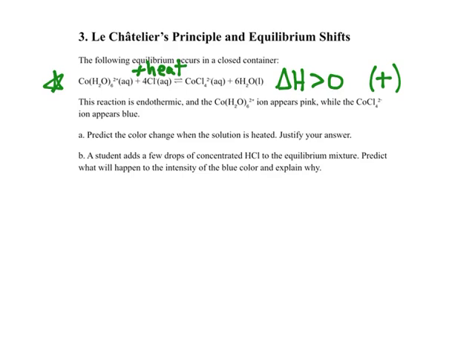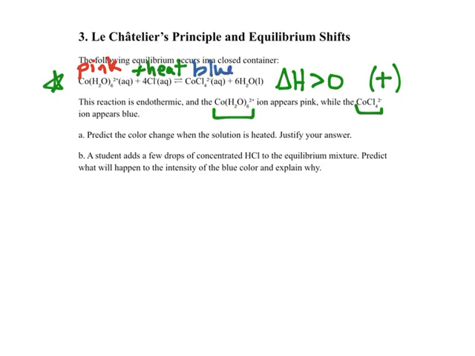Heat is flowing into this. They tell us that this complex ion here is pink. So we have this one that is pink in color, while the CoCl4 rather ion is blue. So this guy is blue.